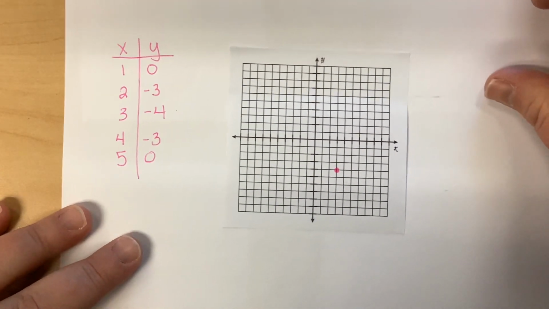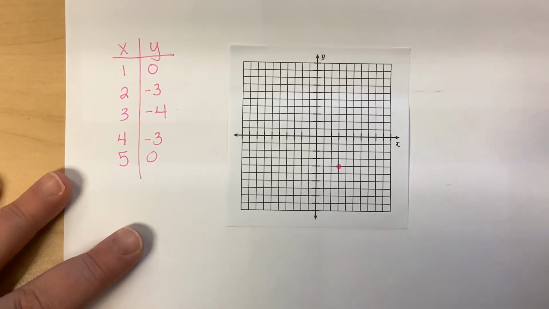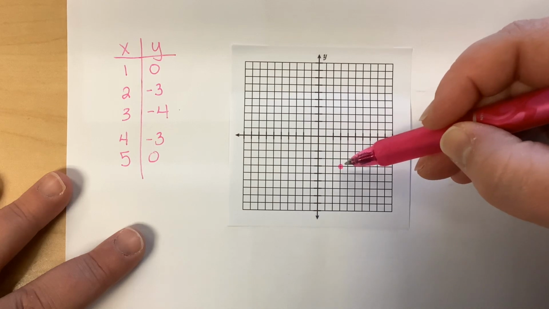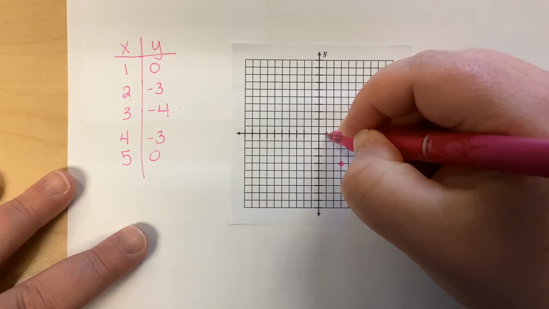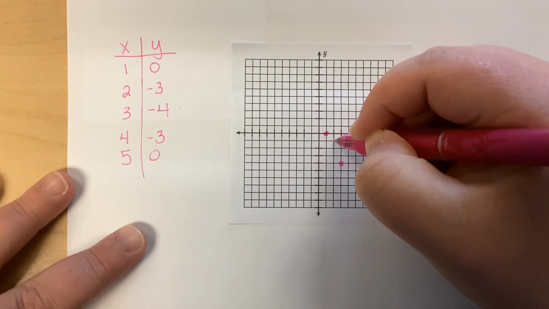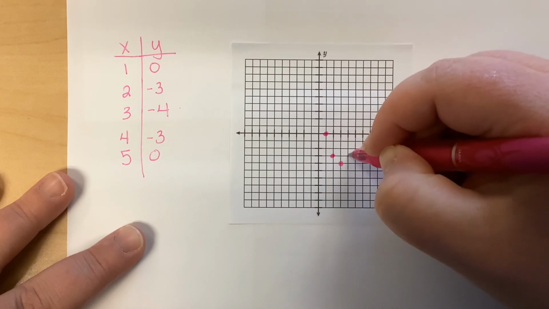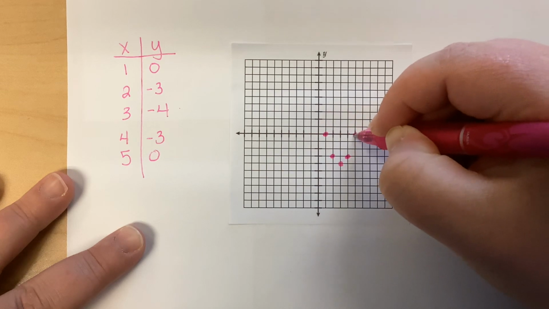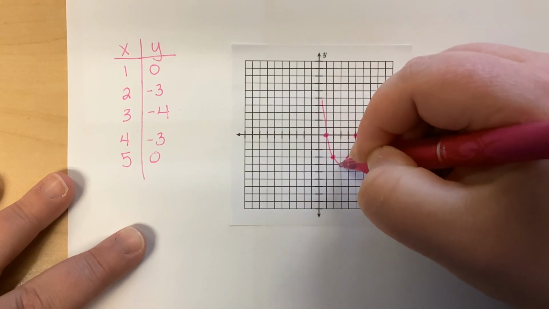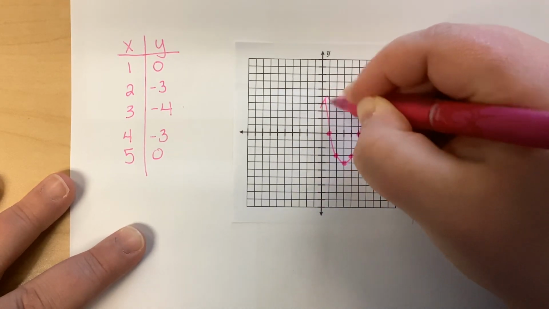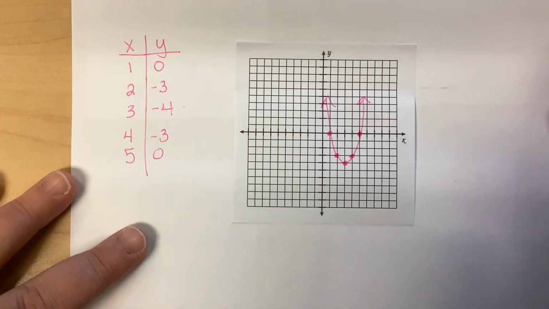Now all we need to do is plot those points with the exception of the vertex because we already plotted it. So we have 1, 0, then 2, -3, and 4, -3, and 5, 0. There's our 5 points. There's our quadratic. Simple as that. Let's try 4 more.